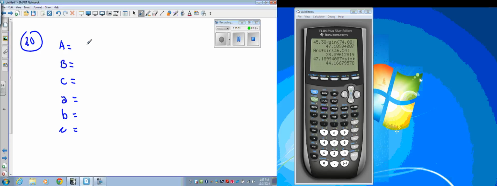So B is 79 degrees 18 minutes, and then C is 39.81. And then A is 32 degrees, 57 minutes.